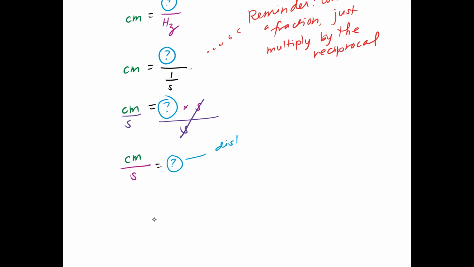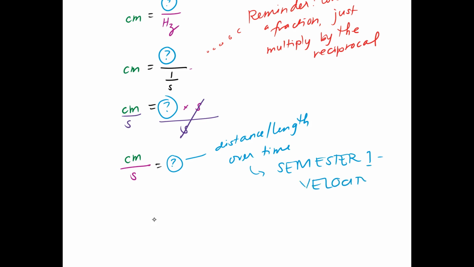So we have a distance or length measurement over time. And from first semester, yes, you have to remember things from first semester, we remember that this is velocity. So our k, which is a constant, represents our medium's wave speed, or I will allow you to call it velocity, so that it's much shorter to write.